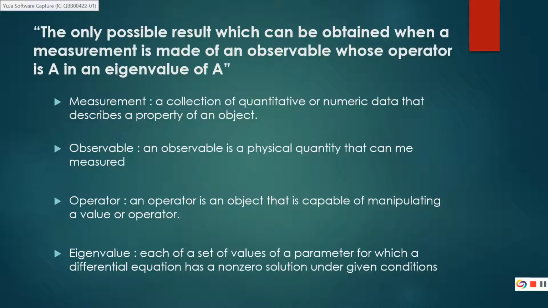An operator is an object that is capable of manipulating a value or operator. And eigenvalue means each of the set of values of a parameter for which a differential equation has a non-zero solution under given conditions.